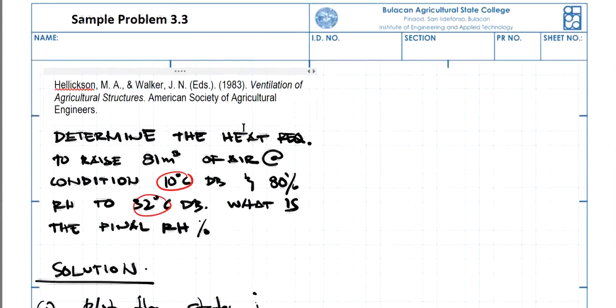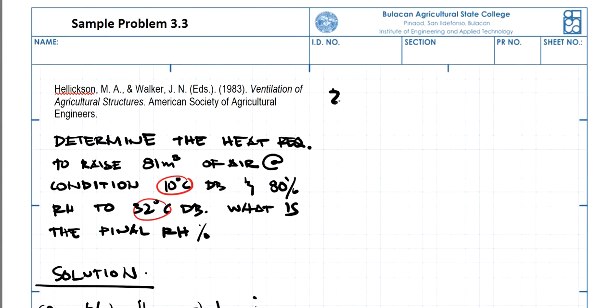Okay, so now that we have the data required, the next step is we can obtain the final RH. So the final RH can be obtained from the reading.